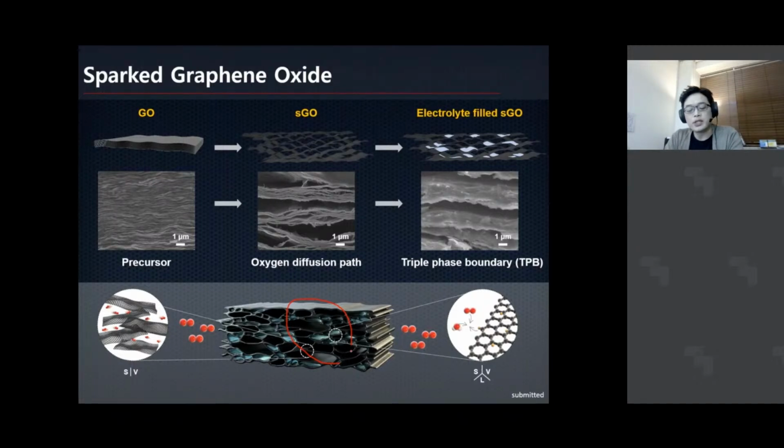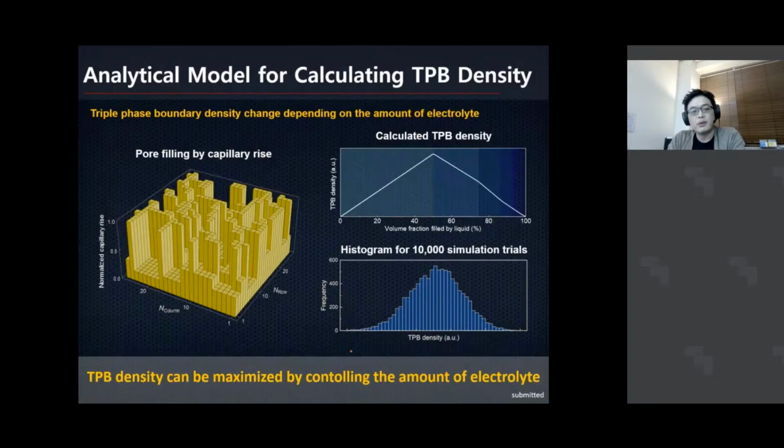Okay. So the question is, not just to look at the oxygen reduction reaction, but also you need to look at the phase boundary where solid, liquid, and vapor meet at the same place. So how do you maximize those points? The answer is pretty simple.